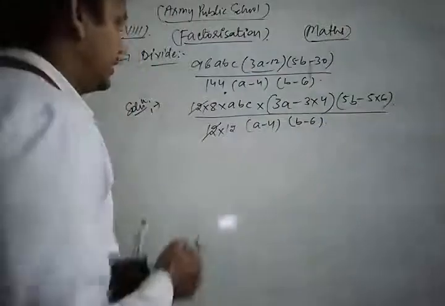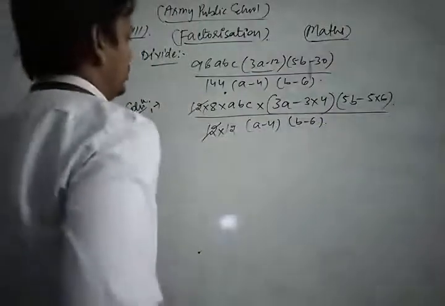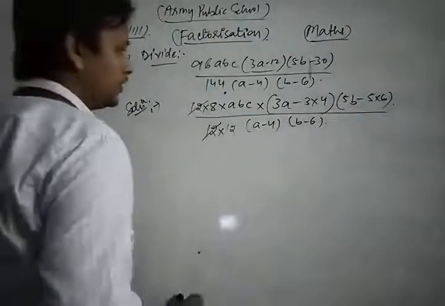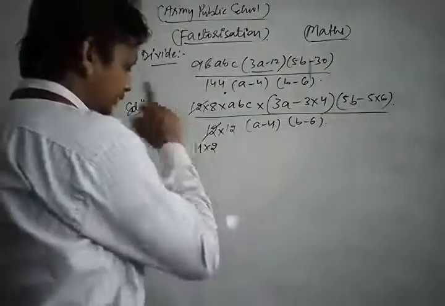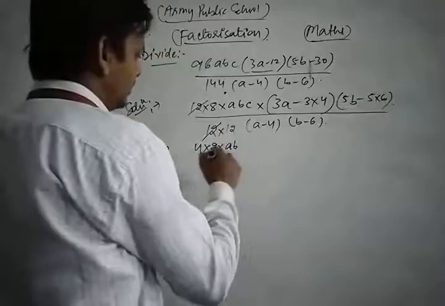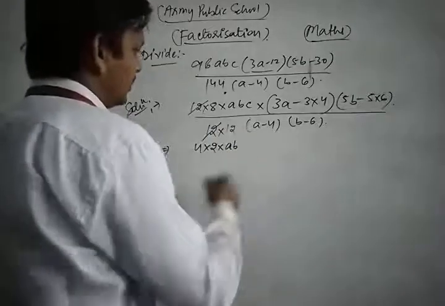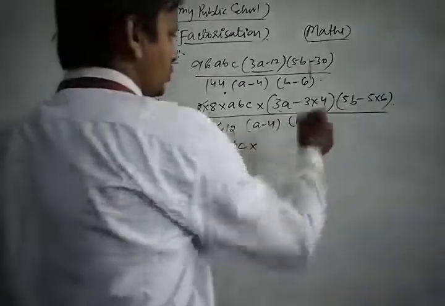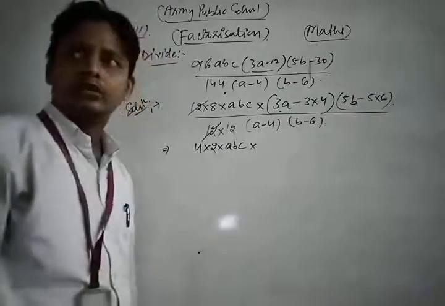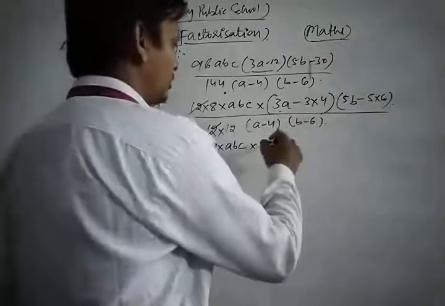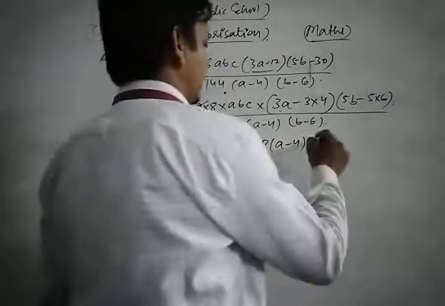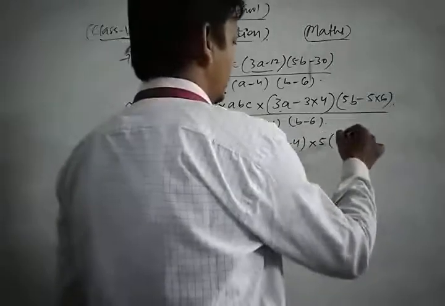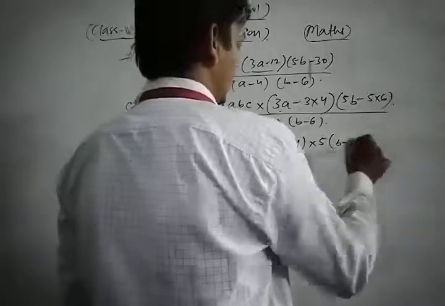Now the 12s cancel each other, and we also write 8 as 4 into 2 into A, B, C. Now from these two terms, dear students, we take 3 as common, so we get A minus 4, and here we take 5 as common, so we get B minus 6.